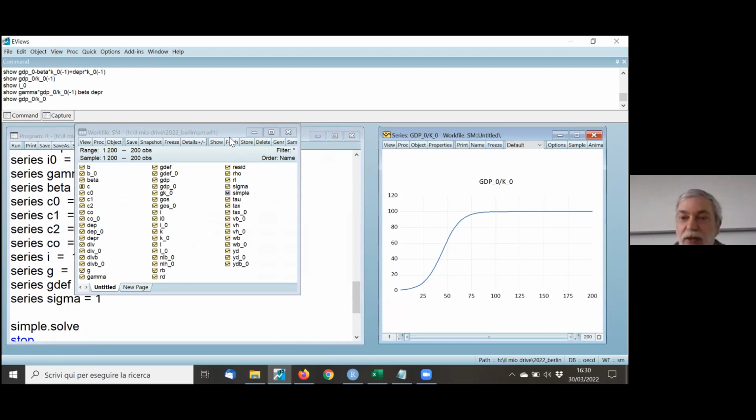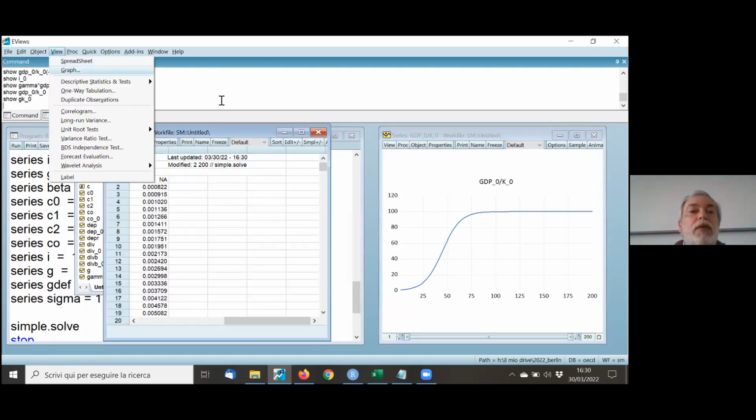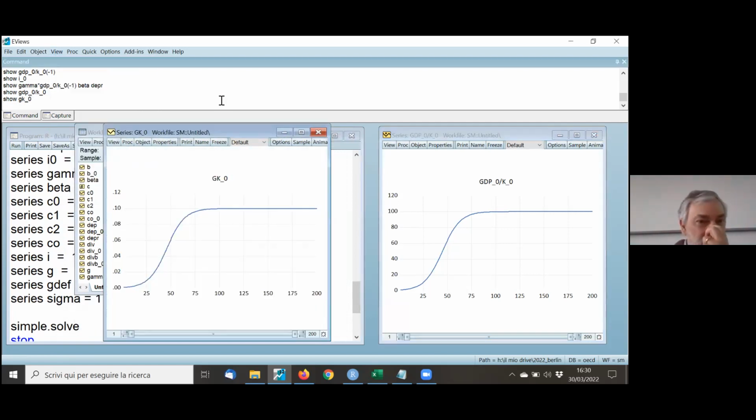GDP is becoming 100 times the stock of capital. So the stock of capital is going to 0. No, it's growing at 10%, which should be the depreciation rate.